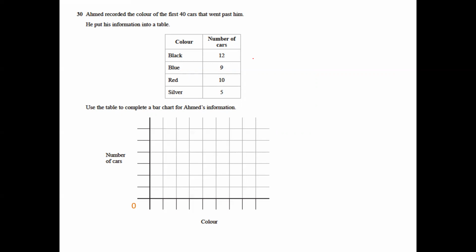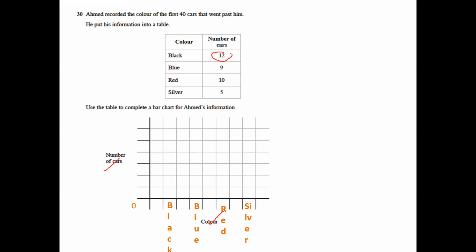In this bar chart, the vertical line is representing the number of cars and the horizontal line is representing colors. The 4 colors given here are black, blue, red, and silver. Then you have to scale the vertical line, the number of cars. For that, you have to check what is the highest number.